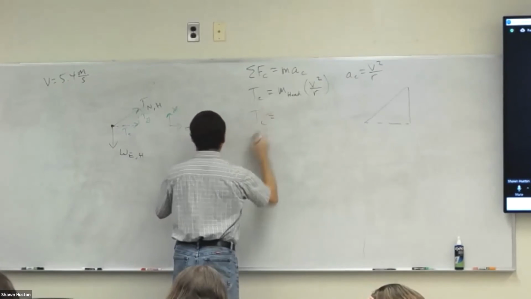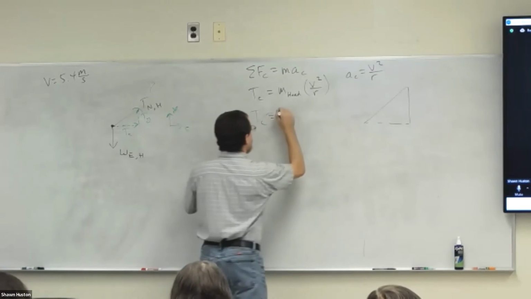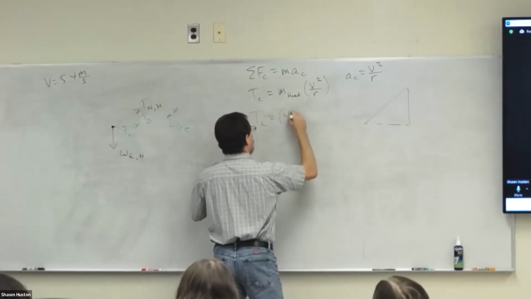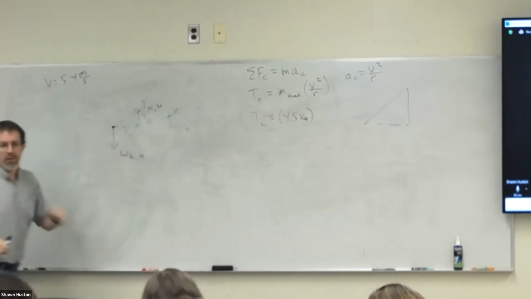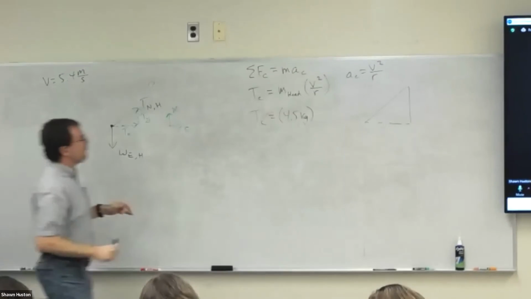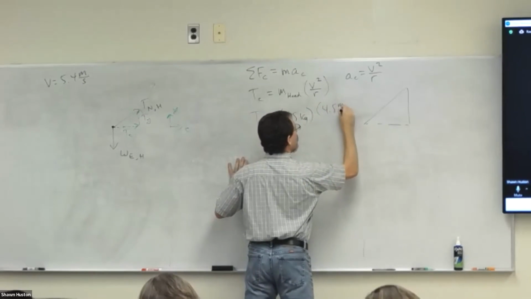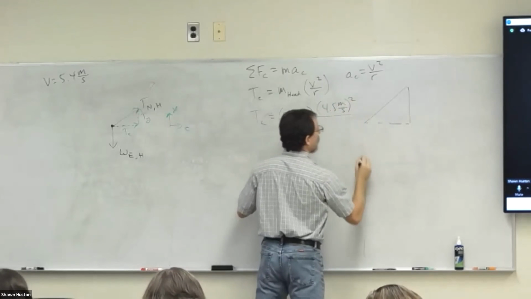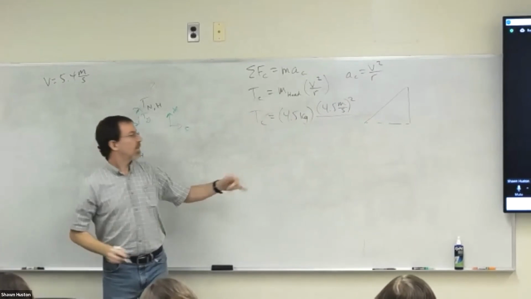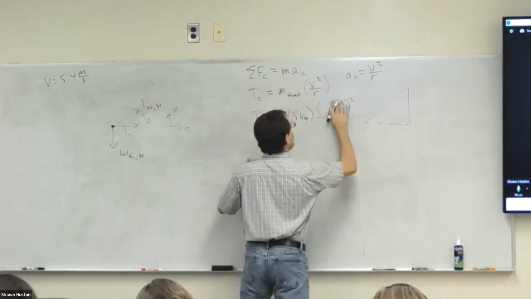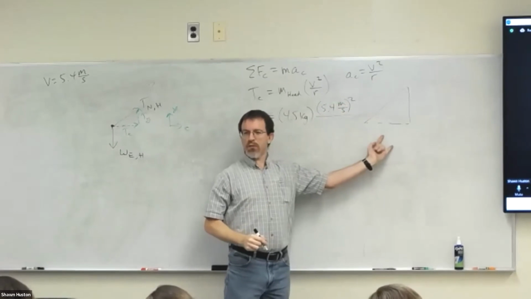So T sub C is equal to... time to throw these away. I will pick that up. I will not leave that for the custodian. Absolutely not. Just to be clear, so 4.5 kilograms. We figured out that the speed here was 5.4 meters per second. And earlier we figured out the radius of the circle, right?